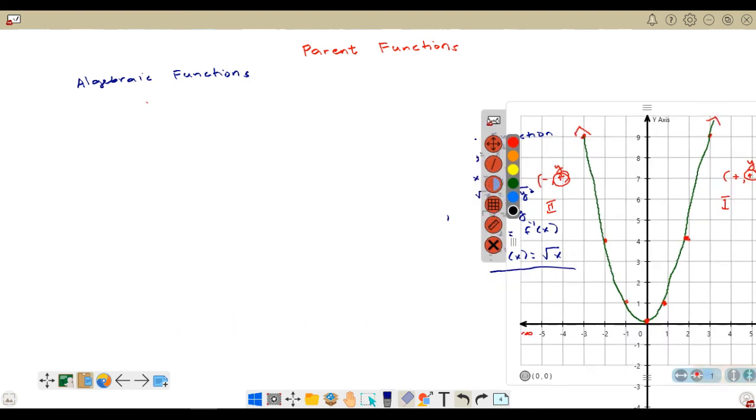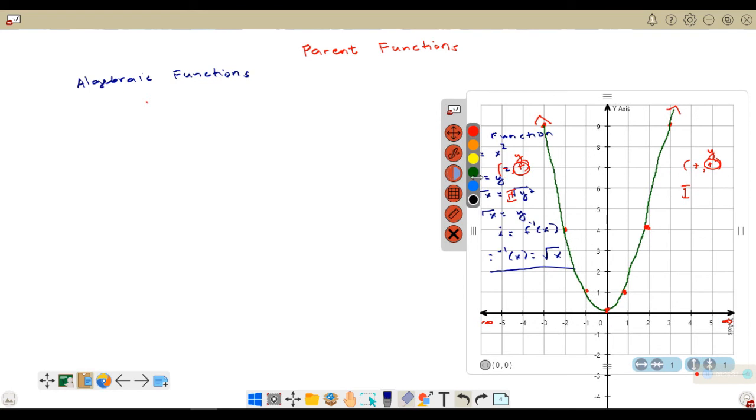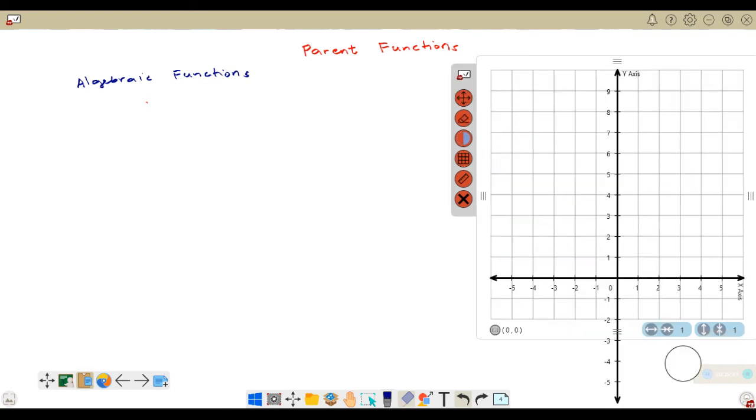Pause ko muna. This time, let's talk about the square root function. So, the parent function is f of x is equal to the square root of x.